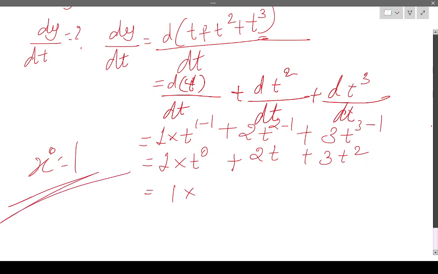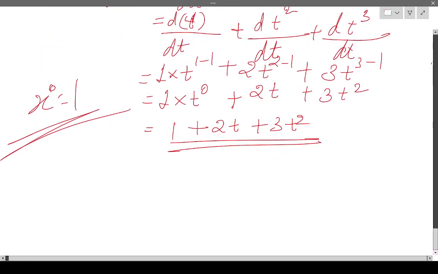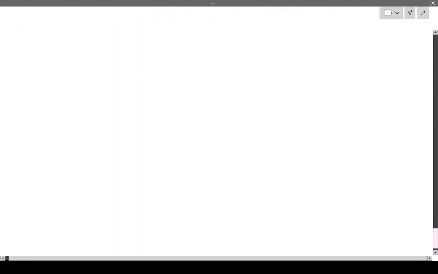So this is 1, plus 2t plus 3t squared. That is about the instantaneous speed.